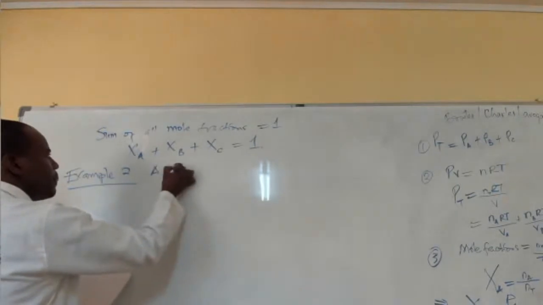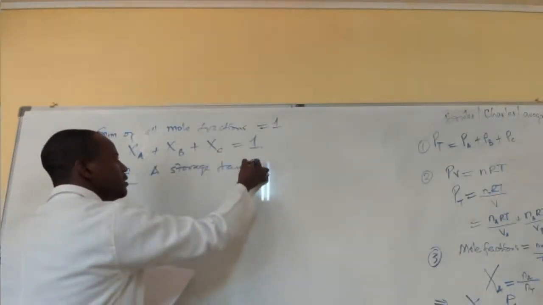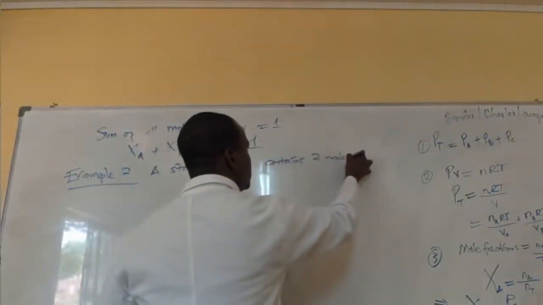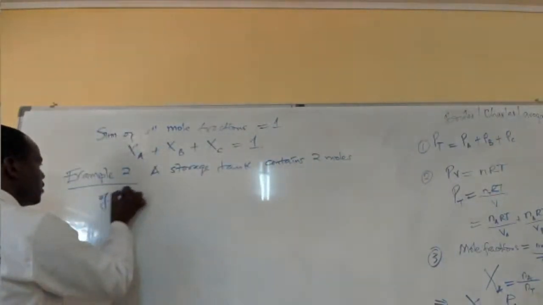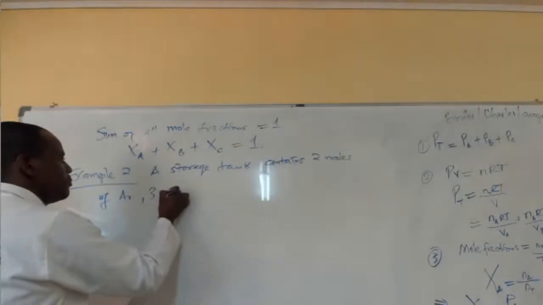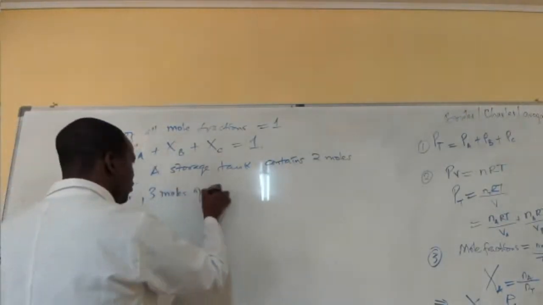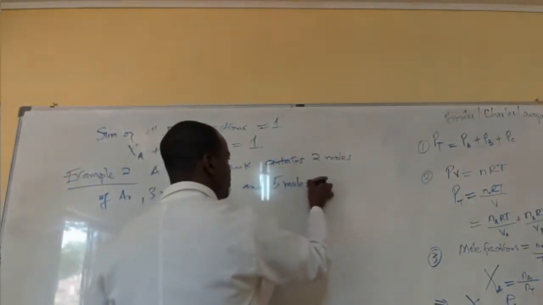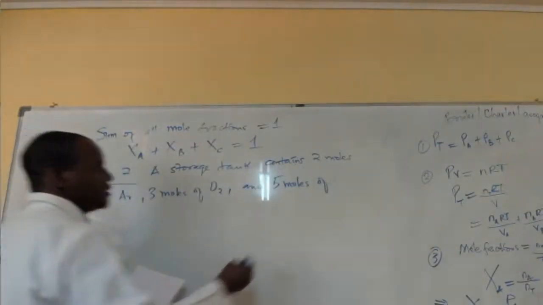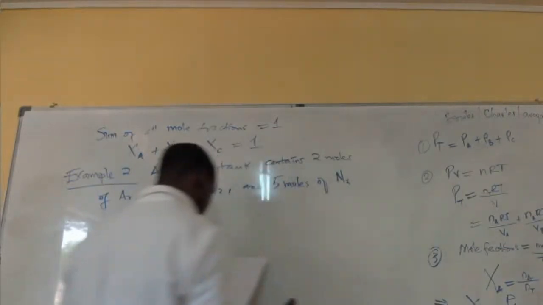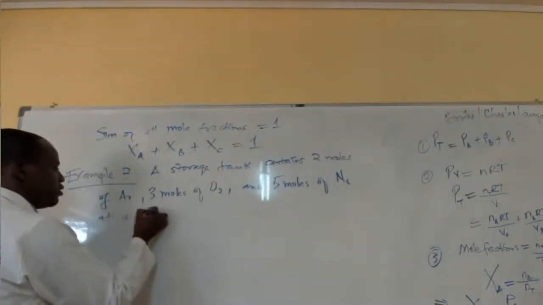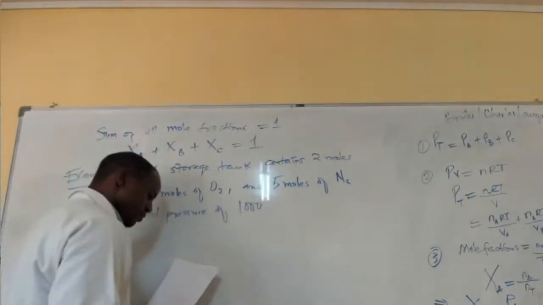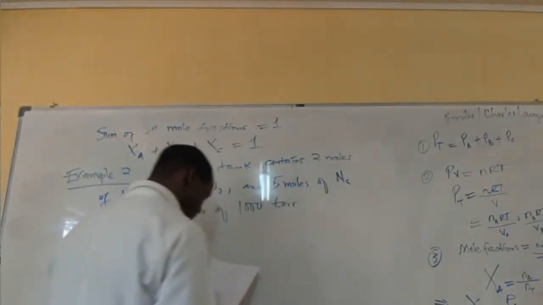Again, here we have a storage tank that contains 2 moles of argon, 3 moles of oxygen gas, and 5 moles of nitrogen, which is N2, at a total pressure of 1,000 torr.